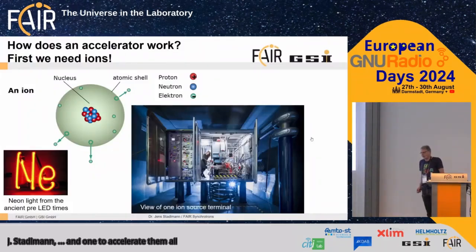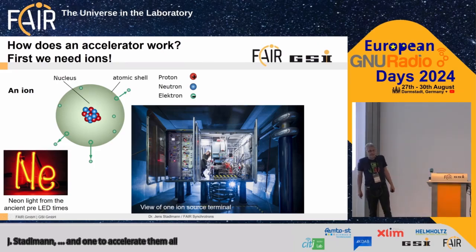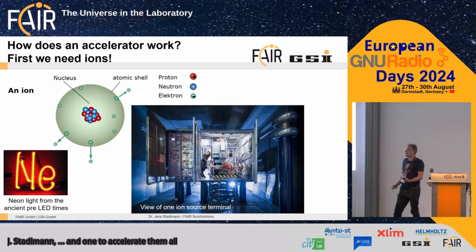But how do you do that? First of all, experimentalists would very often be happy with an atom, but from the accelerator physicist's point of view, which I am, we need an ion at the beginning. An ion was an atom before; you can add or remove some electrons.